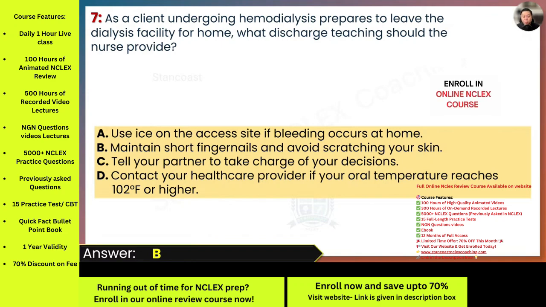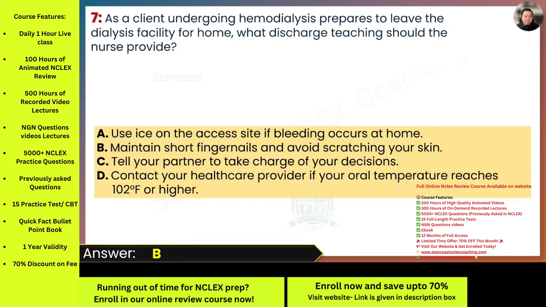What the person should do when this happens at home is apply firm pressure to the site. If the bleeding does not stop after a few minutes, the client should call for immediate medical attention because we don't want excessive bleeding from a dialysis access site. This is a high pressure blood vessel.